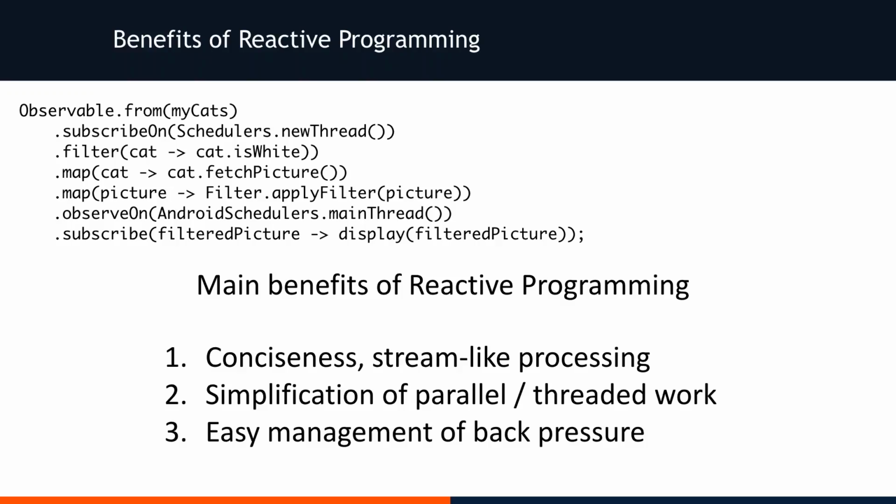The idea of back pressure is that when you have such a stream, at some point, some consumer down the stream maybe is able to process things slower than the producer puts it into the stream. So, for instance, in our cat stream, let's say that the filtering is a very slow operation at the end.